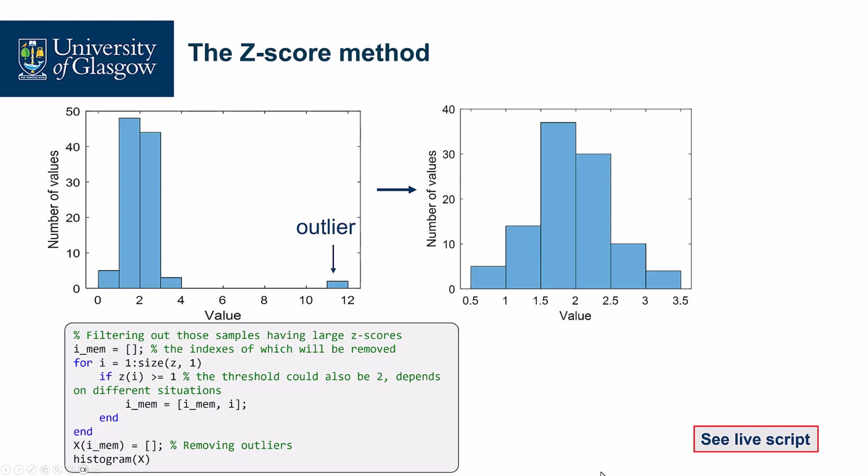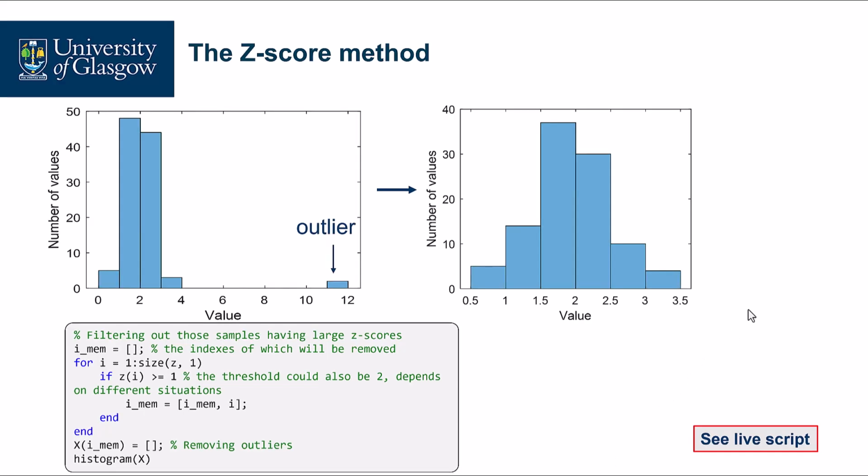Right. So in Z-score, what we assume is that the data is Gaussian distributed. So that's why we can first subtract the average, then divide by the standard deviation. Sometimes the data is not Gaussian distributed, and the Z-score method also works if the data is near Gaussian distributed.